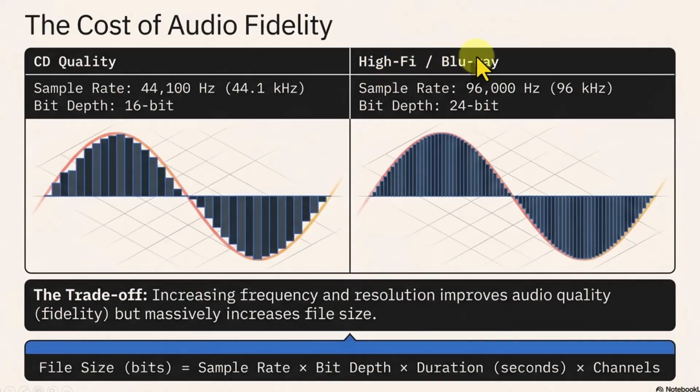But in hi-fi or in Blu-ray, sample rate is 96,000 hertz, which is 96 kilohertz. So that is a lot more than this, okay? And the bit depth is 24 bits. So you can have a lot more variations of sound, okay? So the trade-off is increasing frequency and resolution improves audio quality or the fidelity, okay? But it massively increases file size.